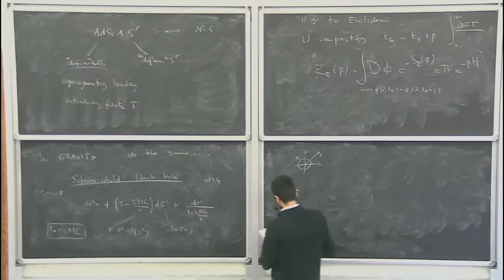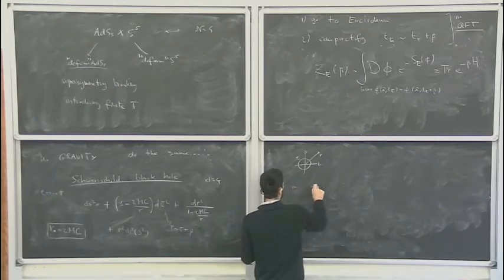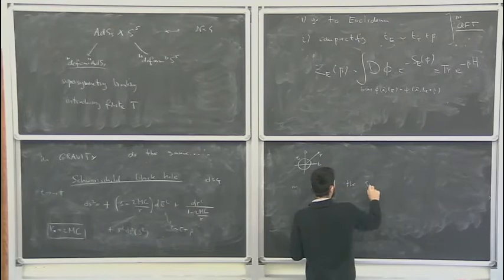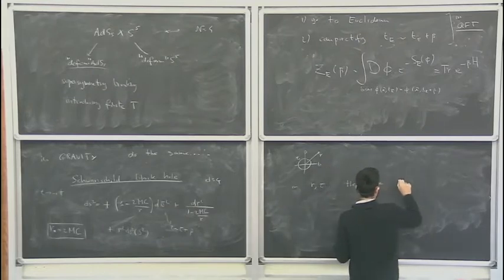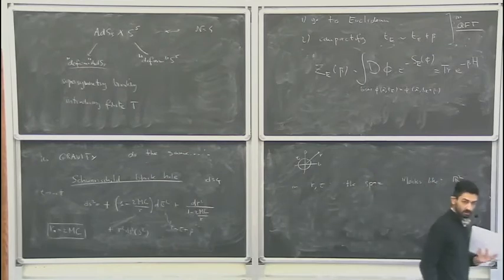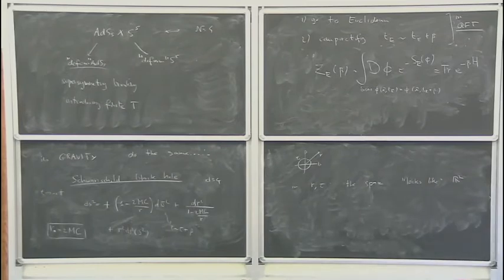So that's the idea. We say that in r, tau, the space looks like, so we suspect that it may be just R2 in polar coordinates, or some coordinates similar to polar, and we want to establish whether this is actually true or not.